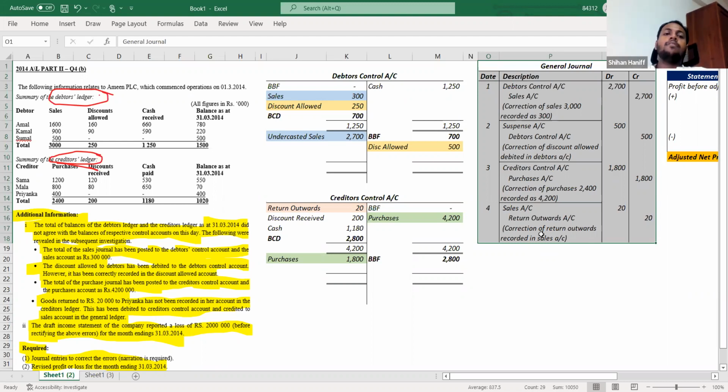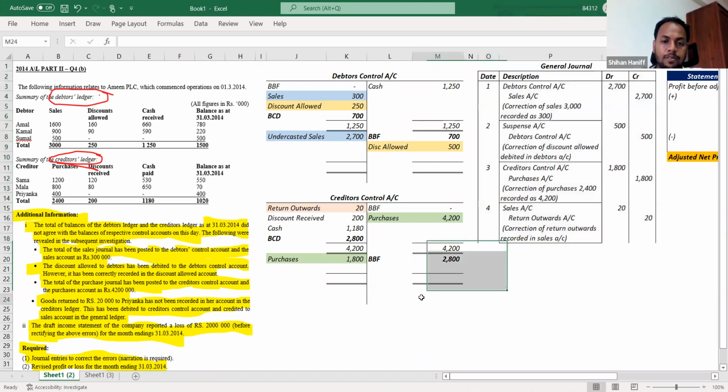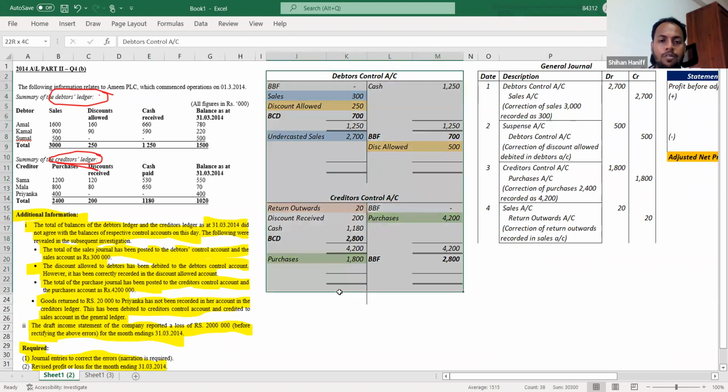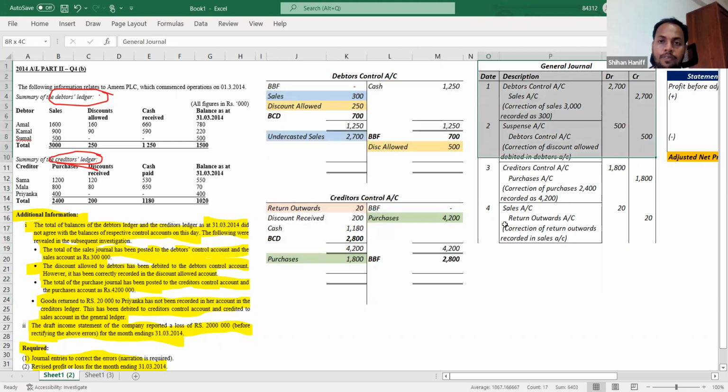Since they have given only the debtors control and creditors control account, you can use the previous method which I was explaining, just drawing the 2 ledger accounts, doing wrong entry and correcting. Let me show. If this is confusing, you can use the previous method as well. That is also accepted. You will get marks only for this general journal.